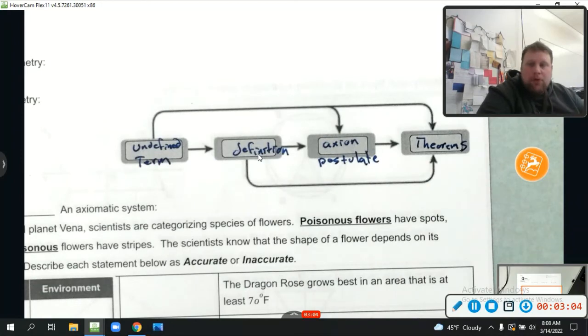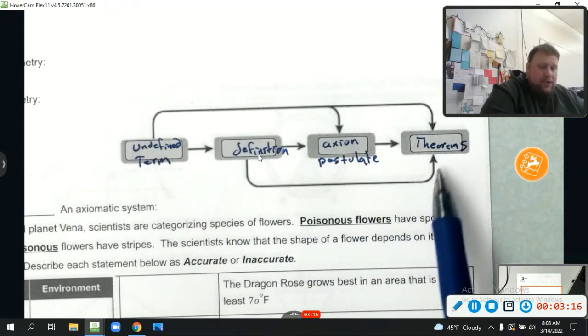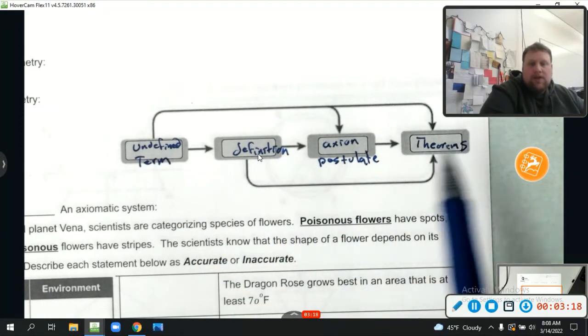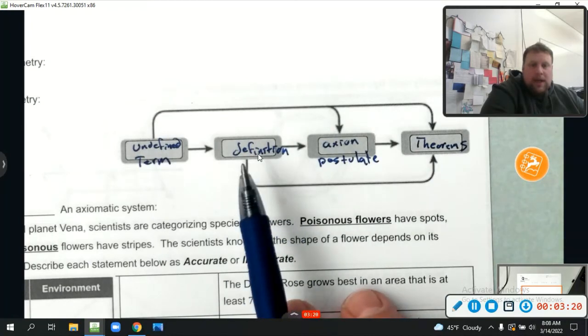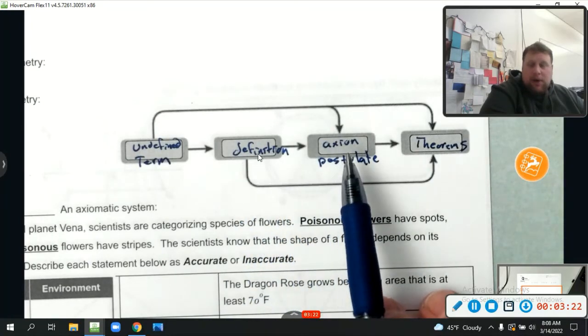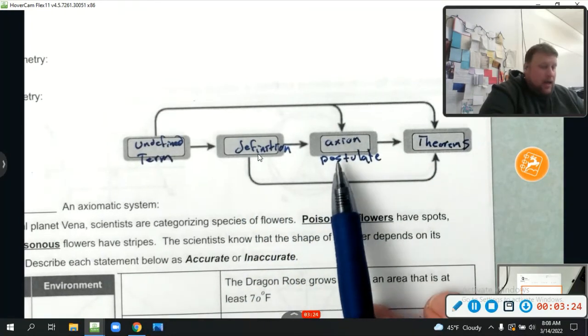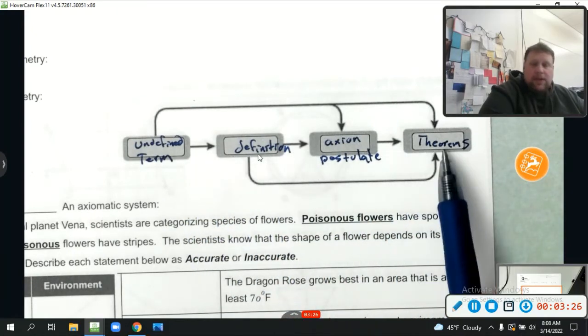Theorems are statements that can be proven using undefined terms. So when we use the definitions, we can mix those with undefined terms to do theorems. Sometimes the definitions lead to just axioms and postulates, which are just facts, right? And again, we use a combination of these to get down to theorems.